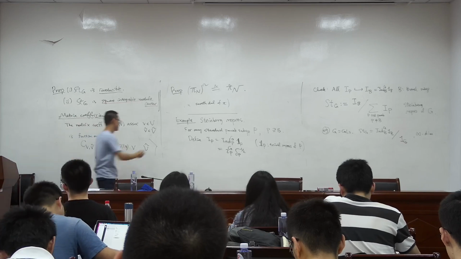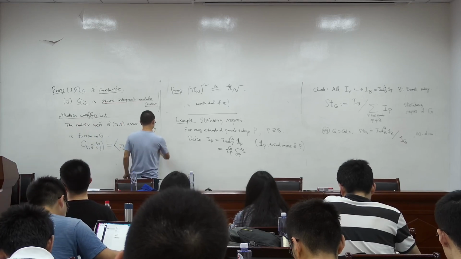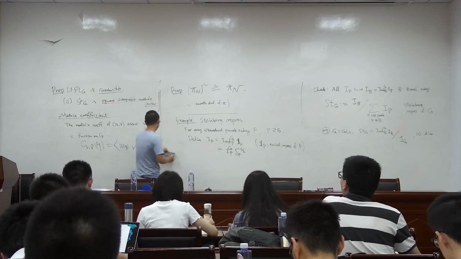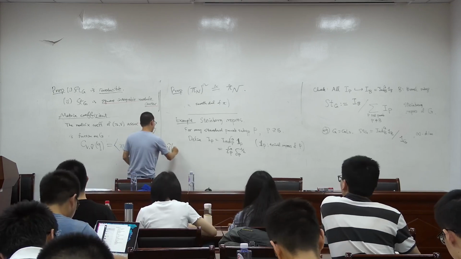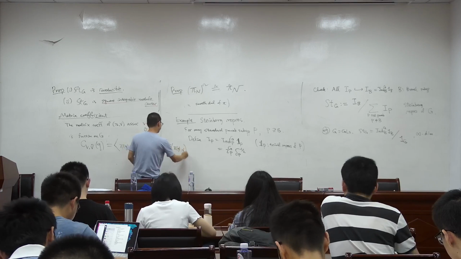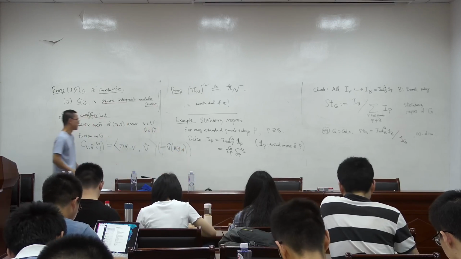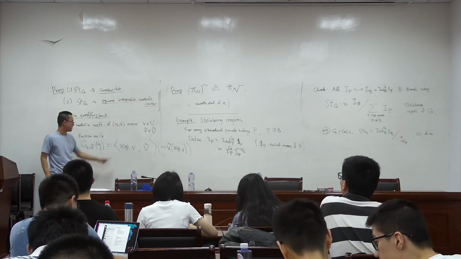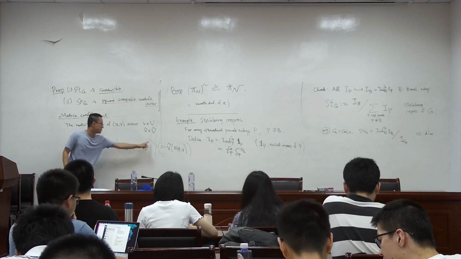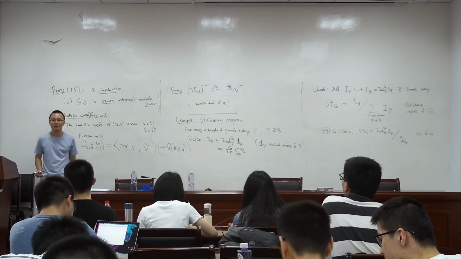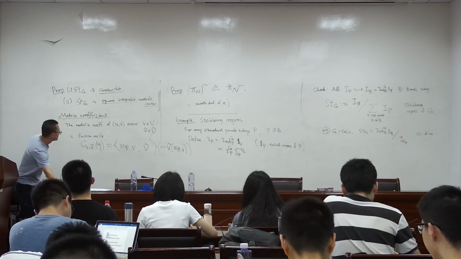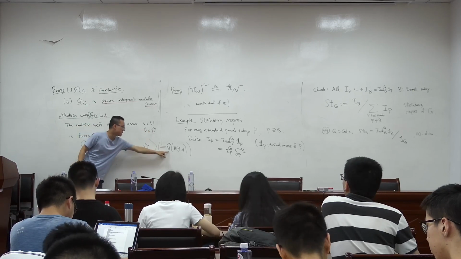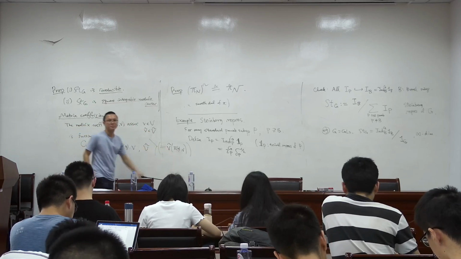If you don't know this notation, it is basically the value of the linear functional v tilde on pi(g) v. Sometimes people like to write it in bracket notation, but it is nothing but the function value.